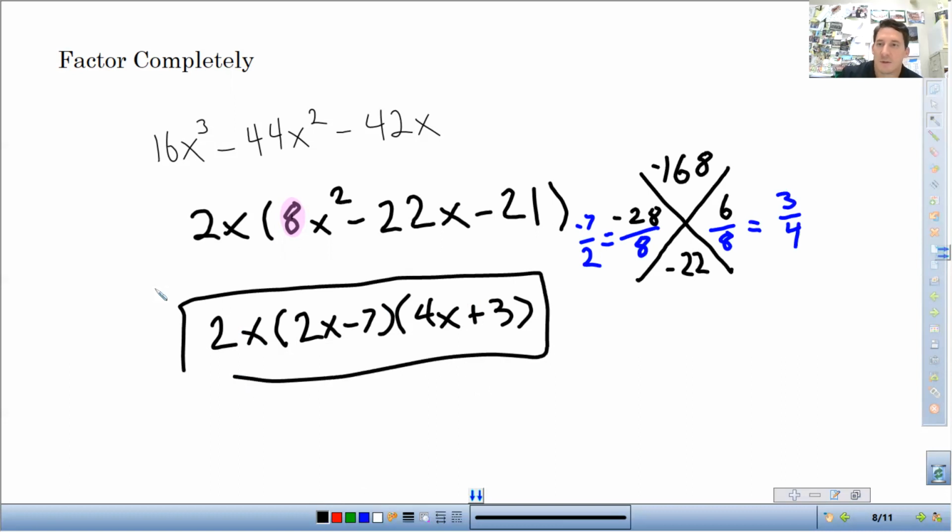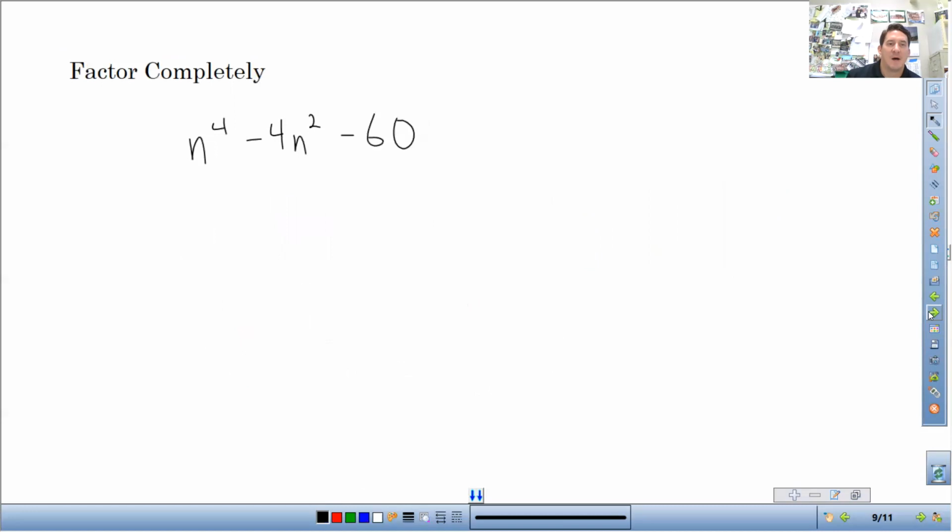So this is just a normal x factor problem. Negative 60 on top, negative 4 on bottom. What factors of negative 60 add to negative 4?